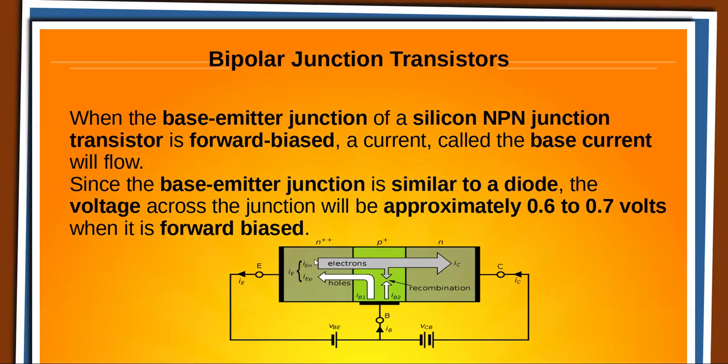And that's your emitter collector or conventional collector to emitter current, but it's electrons going the other way. As a result, it's a multiplication factor, which we call beta or HFE, which says for every microamp of base emitter current, you're going to get so many milliamps or whatever of collector to emitter current. That's the amplification factor.